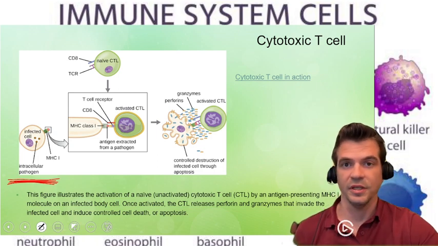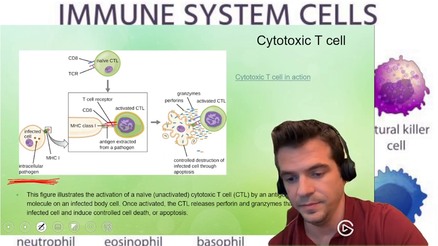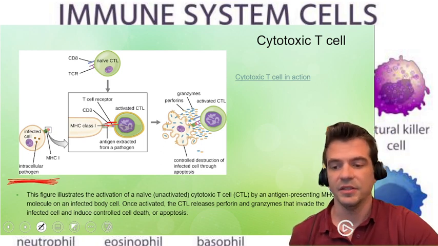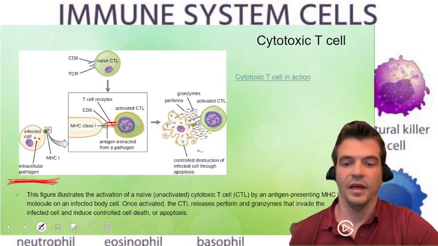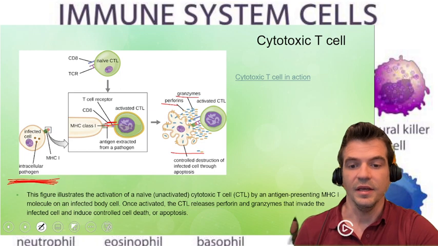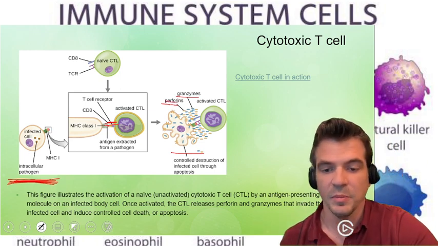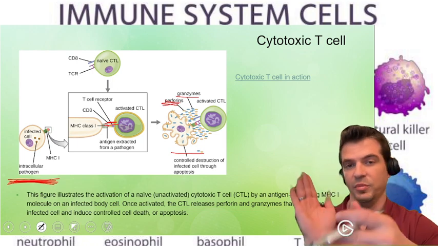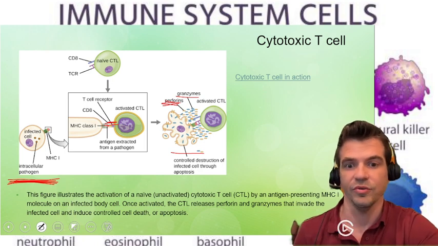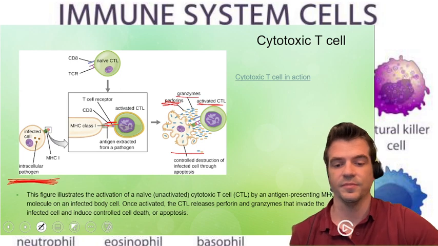The cytotoxic T cell picks that up, reads it with its CD8 barcode scanner. The CD8 reads that this cell is infected, and they release perforins and granzymes and destroy it. Perforins, think of it as perforating. If we're going to perforate the cell membrane, we will open up holes in it and destroy it. That is an activated cytotoxic T cell.